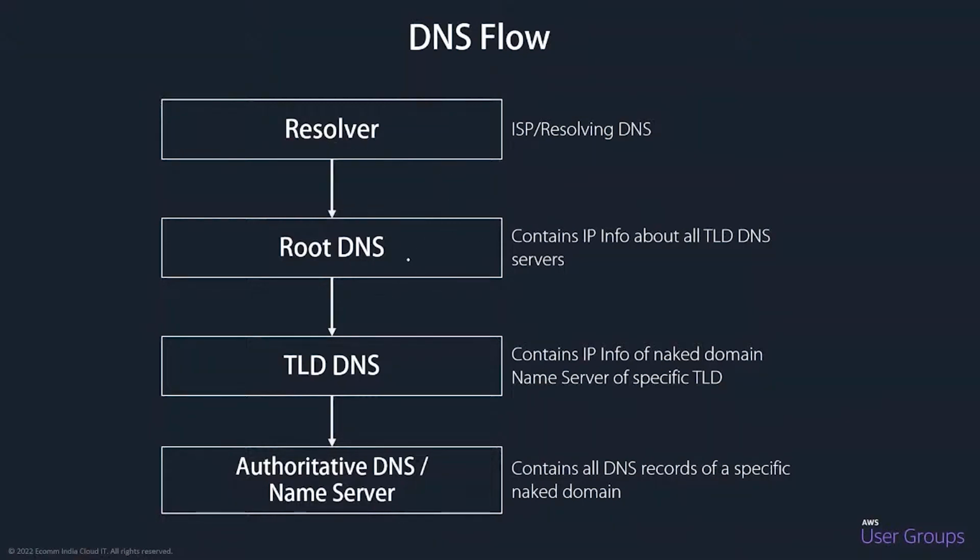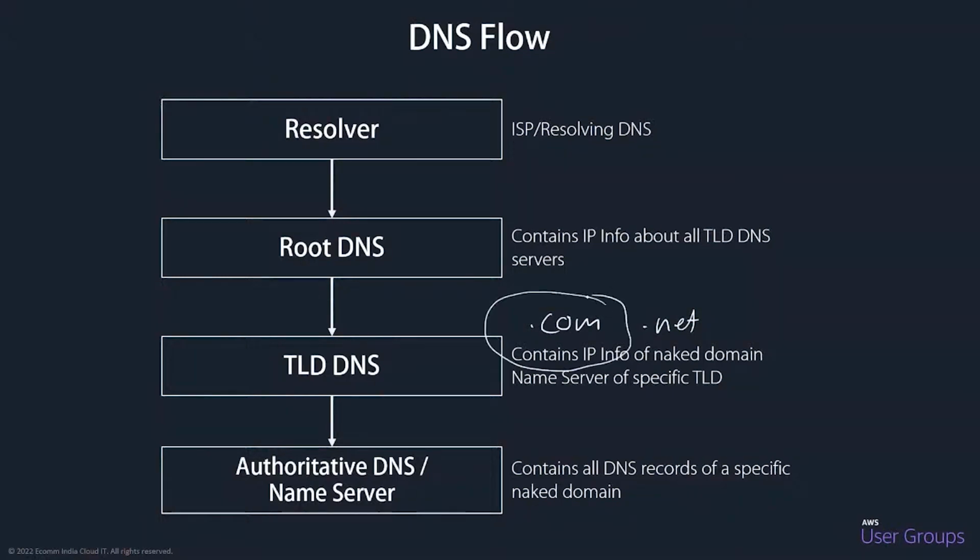The root DNS is a set of servers. I believe it's a set of 13 clustered servers, which has information about all of the TLD servers. So the TLD servers are what? The .coms, the .nets, etc. These are managed by certain organizations.